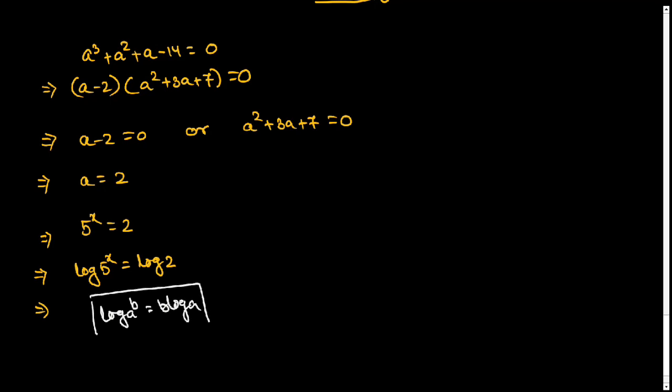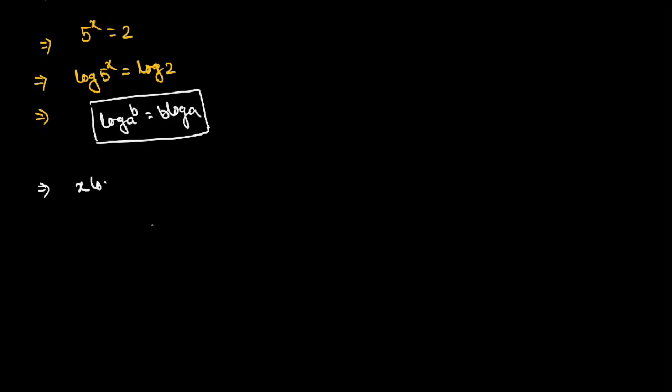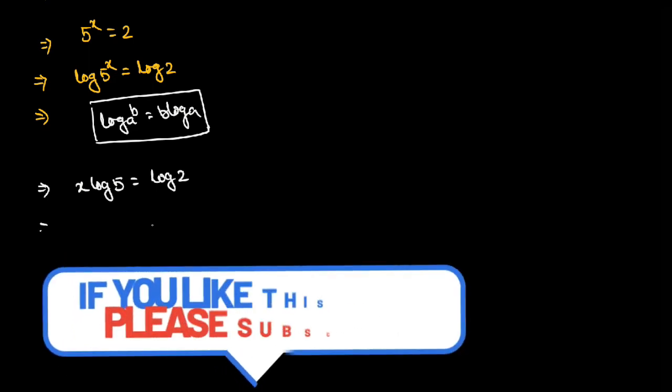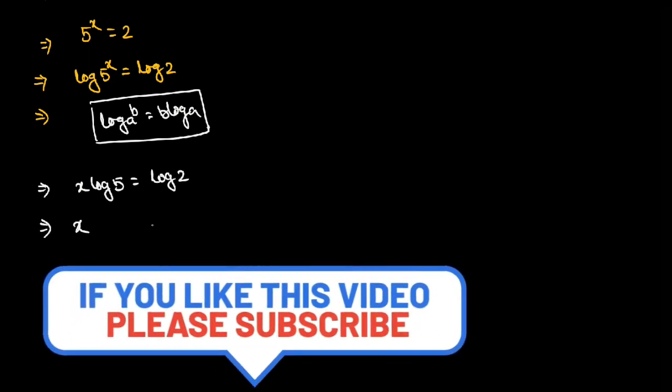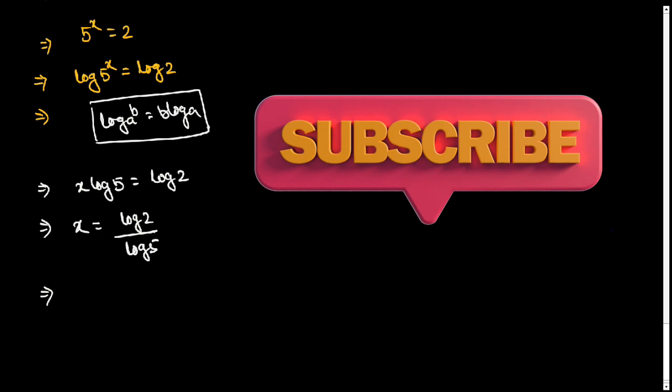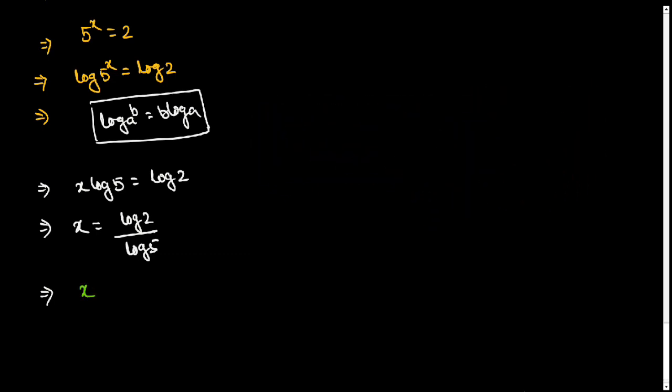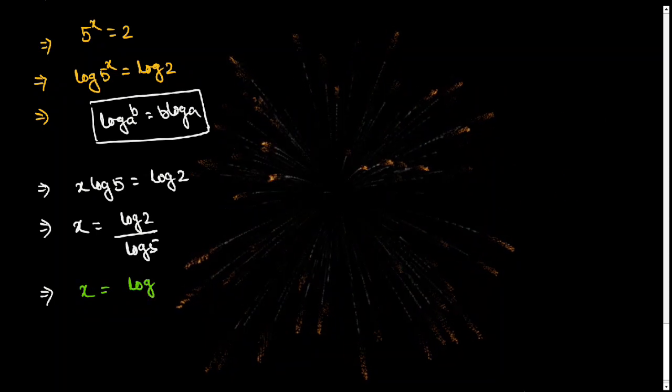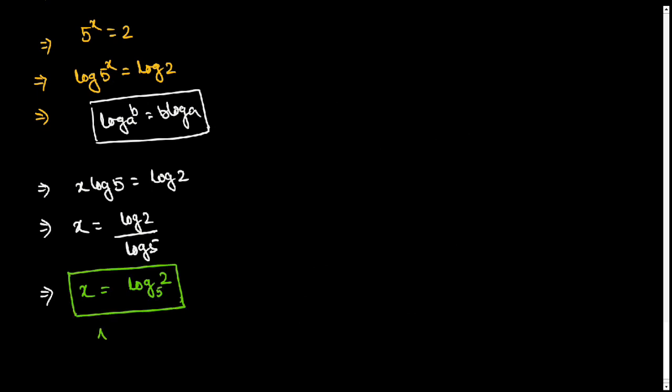Hence we can write this equation as x log 5 is equal to log 2, and now we can say that the value of x is log 2 divided by log 5, or x is equal to log 2 base 5. Hence this is one answer.